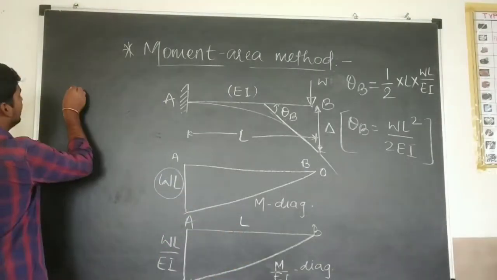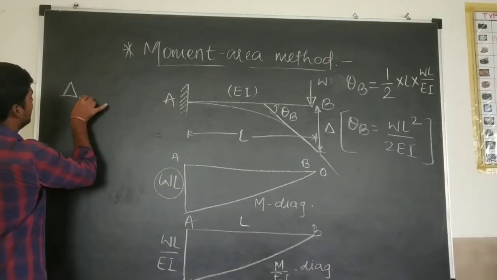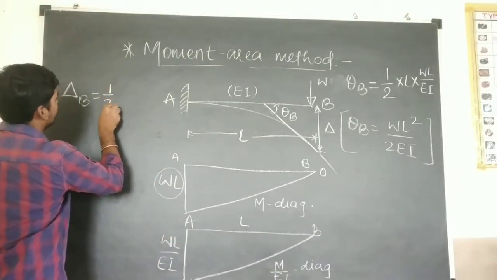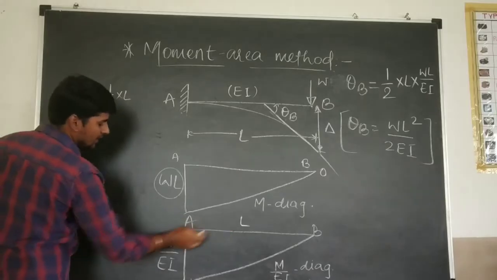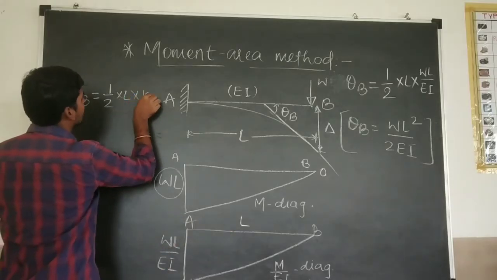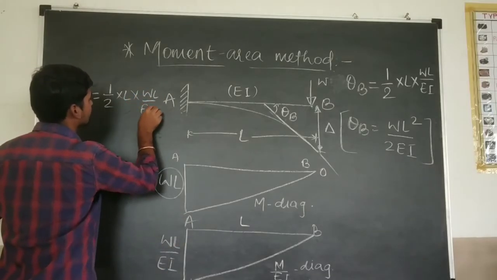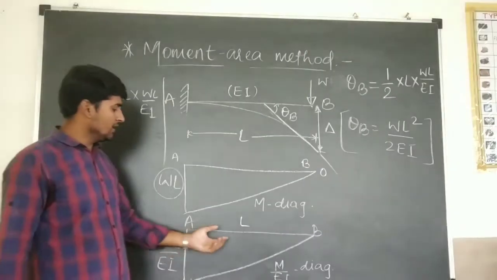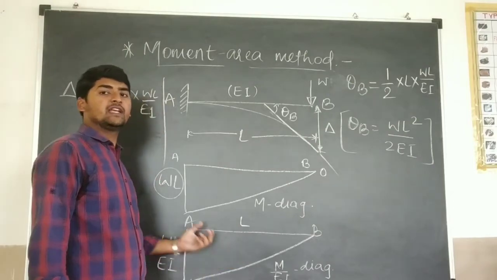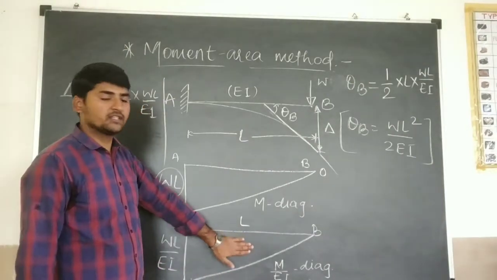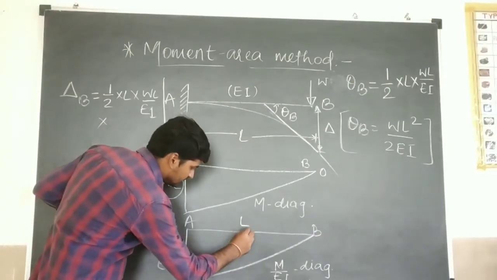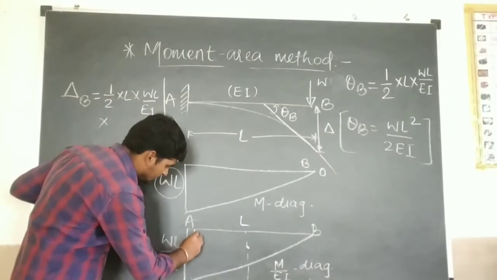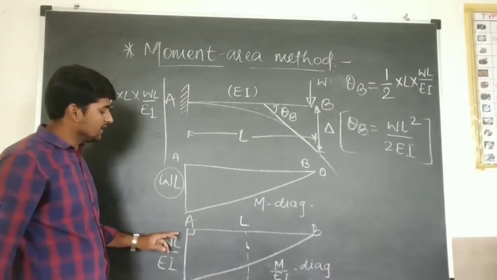Okay. So the deflection at B, delta B, will be equal to, see, the area of this diagram, which is half into base, that is L, into height, WL upon EI. And if we multiply with its CG distance, then we will get the moment of this diagram. So see, this is a triangular portion, and here the angle is 90 degrees.